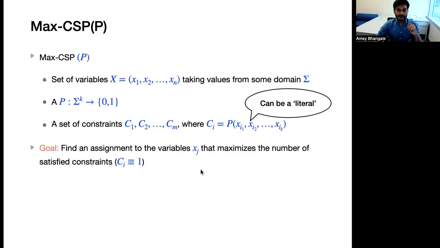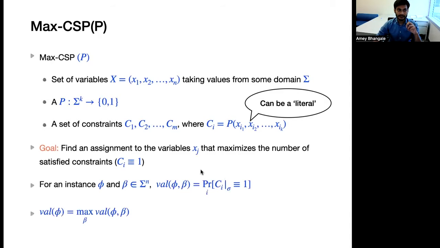Here the goal is to find an assignment to the variables that satisfies as many constraints as possible. More formally, for an instance phi and an assignment beta, the value of the instance on beta is the fraction of the constraints that are satisfied by beta. And the value of an instance is the maximum over all assignments beta of the value of the instance on beta.